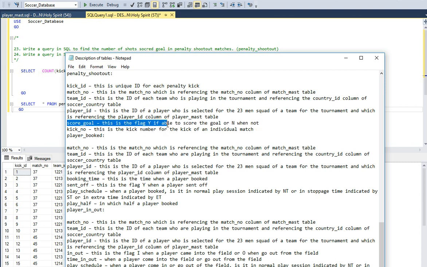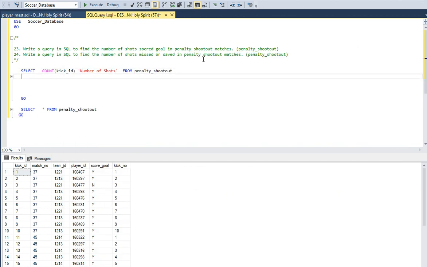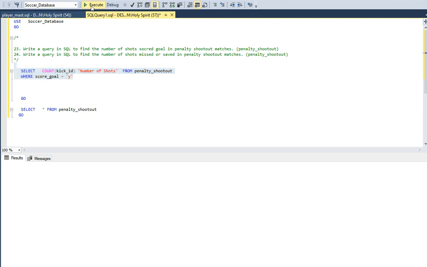This is the flag: Y if able to score the goal, or N when not. So the condition we have to choose is where score goal is equal to Y. Execute.